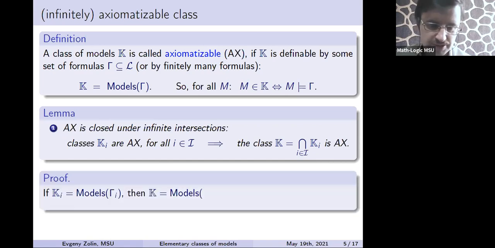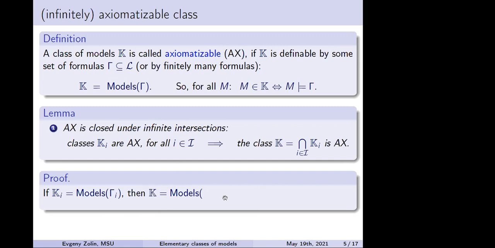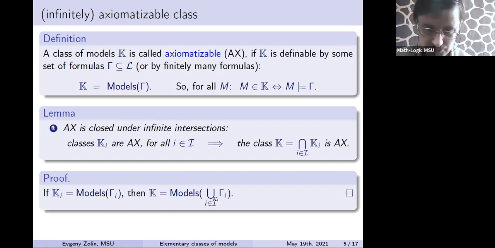And of course, this is very easy. If we have axiomatizable classes Ki, each of them axiomatized by some set of formulas gamma I, can you tell me what is the axiomatization of the class K? It is the union of these gamma I. The union, exactly the union.